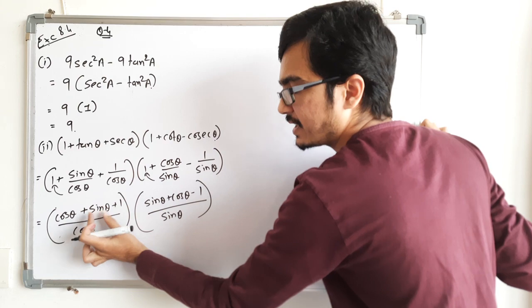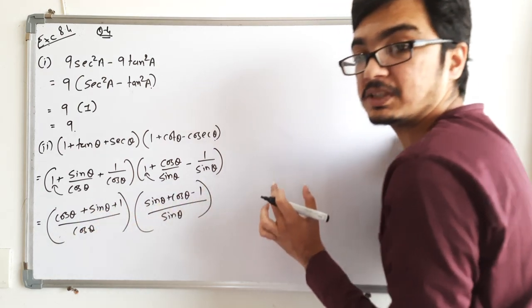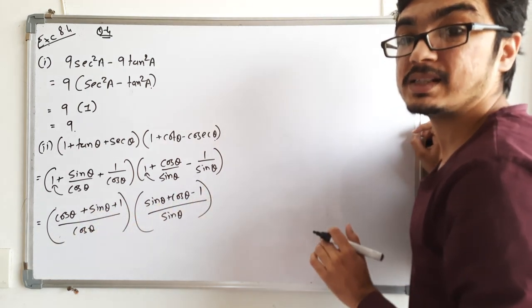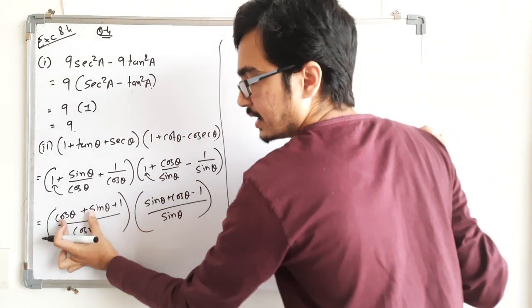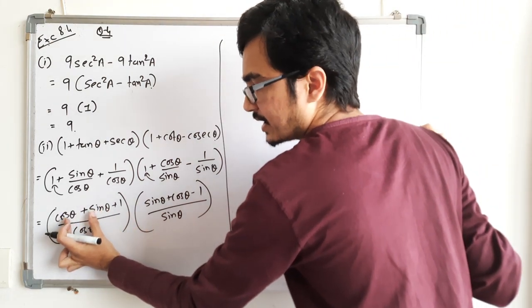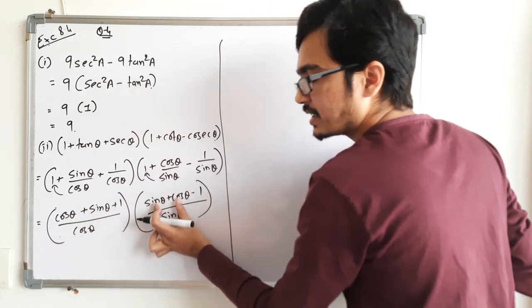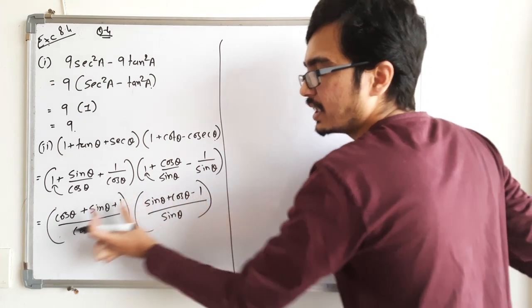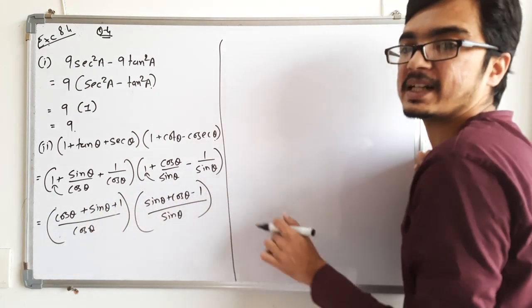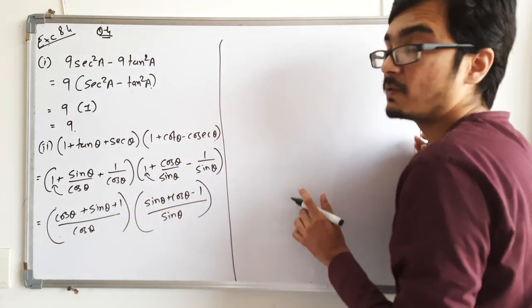Then this will be x plus 1 and x minus 1, that will be x square minus 1 square, the identity.